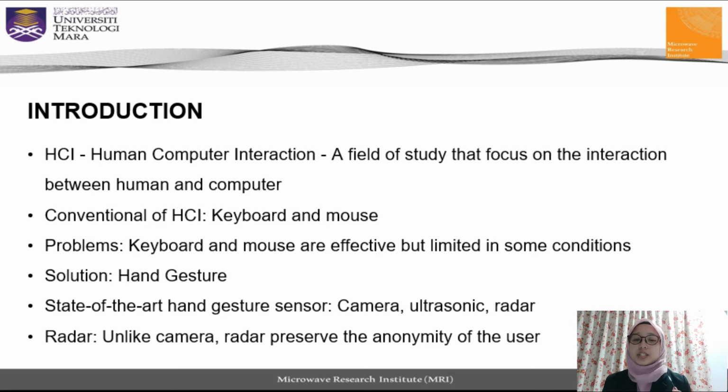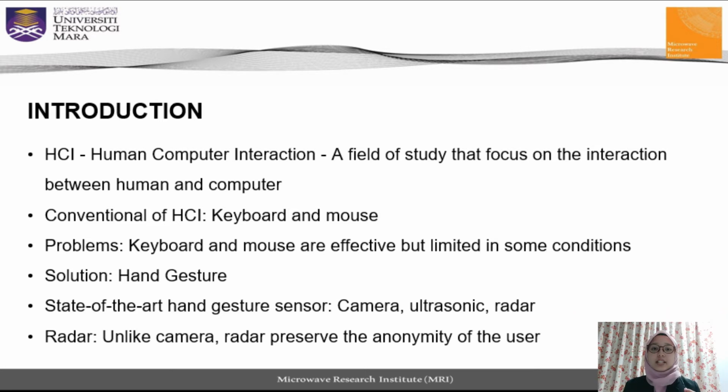It is also easy to collect the hand gesture data with an additional sensor, but due to the circumstances, it can be expensive and complicated to operate. This is why we decided to use radar as our sensor in this project. Unlike camera, radar can preserve the anonymity of the user and is less expensive compared to the ultrasonic sensor.